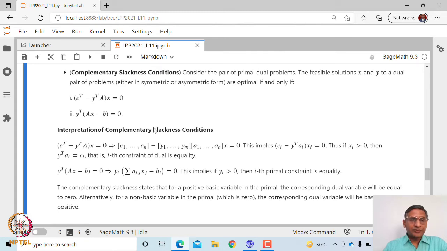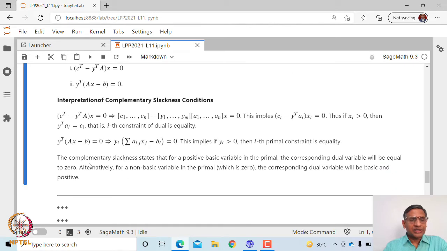And conversely, if you play with the second equation and interpret it in terms of components, it would mean that if yi is positive, then the ith primal constraint is going to be an equality, right? Sometimes you will see that this is also written in terms of primal variables and the corresponding dual slack or surplus variables, and they will write it in terms of that.